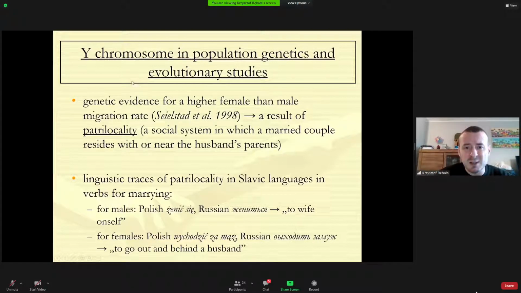Genetic studies demonstrate a higher female than male migration rate, and it is explained by historical patriarchality, a social system in which a married couple resides with or near the husband's parents. In history, it was always the woman who was traveling to her future husband's place.